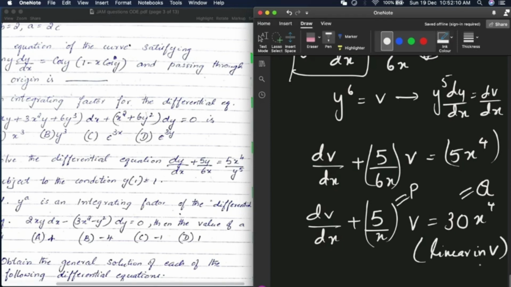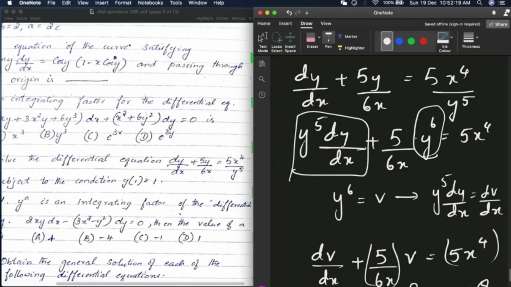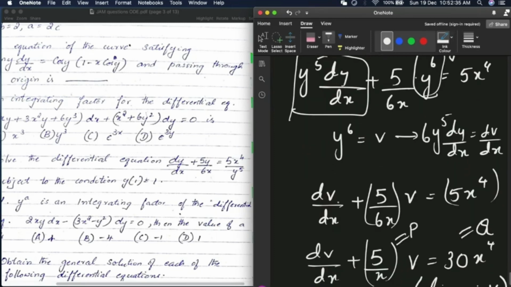Ma'am, in the previous line, we have to write 1 by 6 dv by dx. Correct, there's a constant coming now. The 6 was there in the question. Yes, 1 by 6 into dv by dx. I forgot that. See, a constant is not going to create any problem anyway.